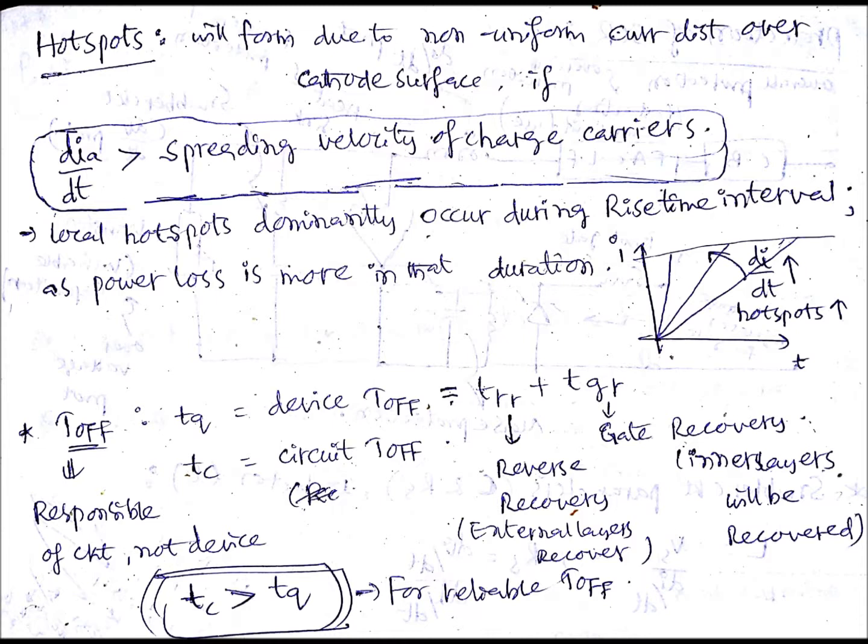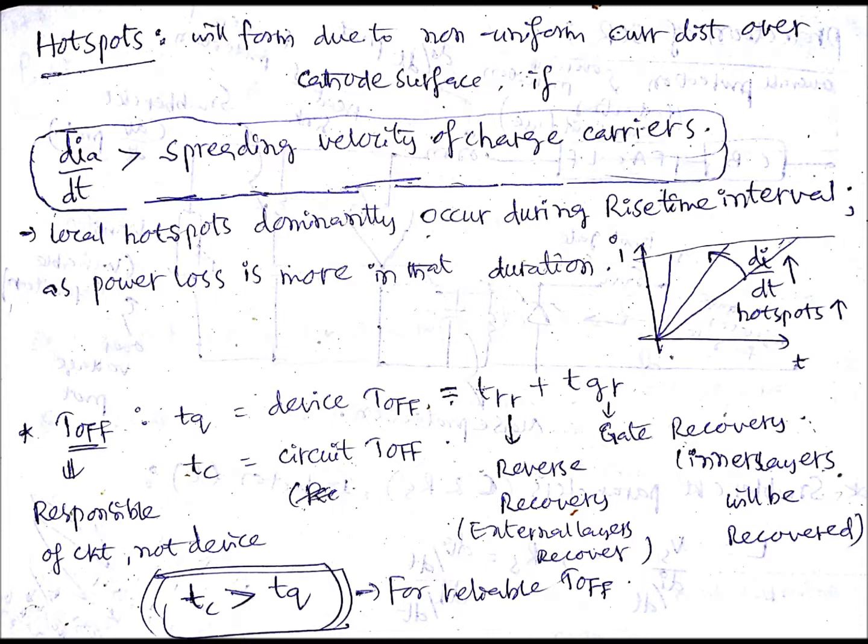So hotspots are nothing but due to the loss, right? Hotspots mean the device is getting heated up, and the heating is always due to the losses. As those losses are more during the rise time interval, the hotspots are going to occur during the rise time interval only.